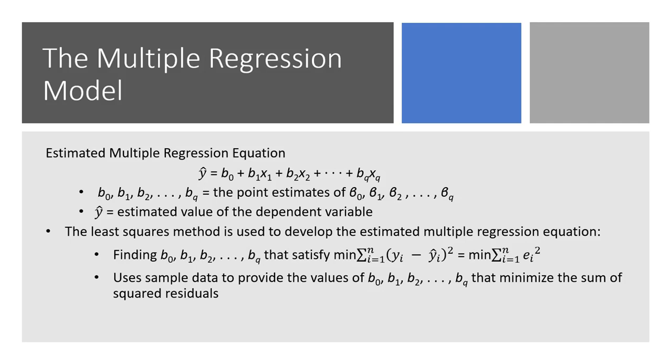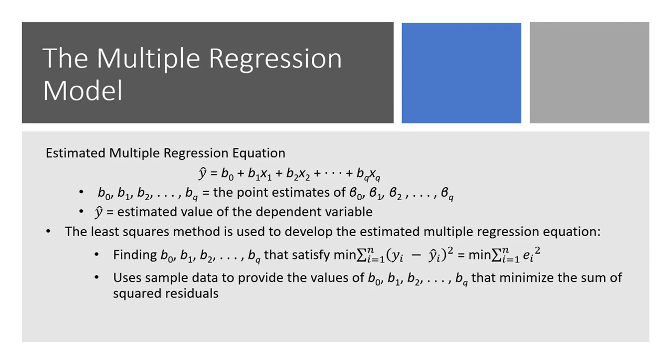So remember, we have our estimated multiple regression equation where we have y hat is equal to b naught plus b1 x1 and so forth, where our b values are going to be our point estimates from our sample of our population values of beta 1, 2, 3, and so forth. Y hat, again, is our estimated value of our dependent variable.